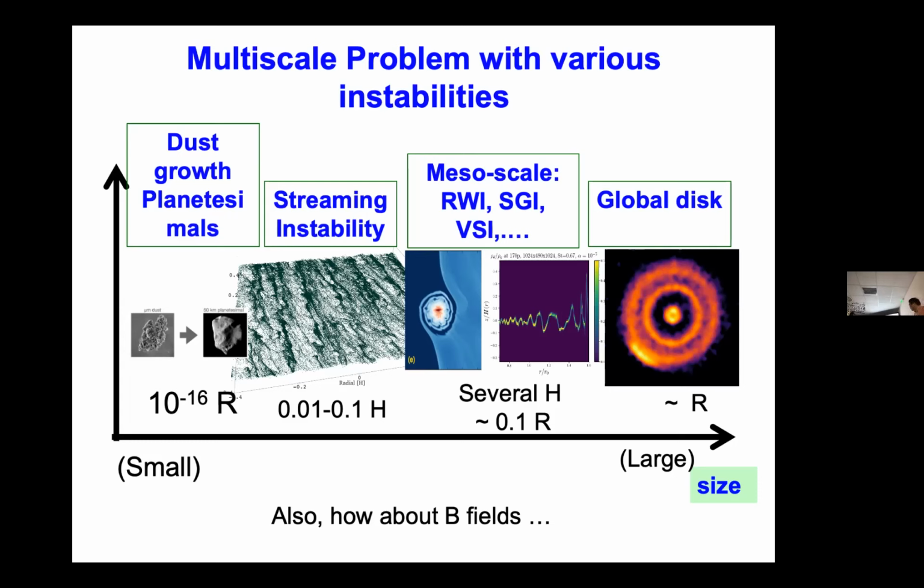And that's still a long way from the AU size that we're talking about. So you can't really have one simulation that captures all that. So what we do, like myself, I typically stay here and do subgrid modeling to study that process. Different people try different approaches, but that's where things stand.